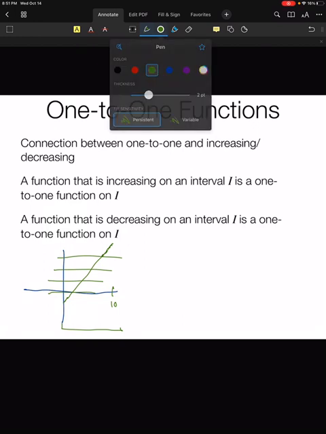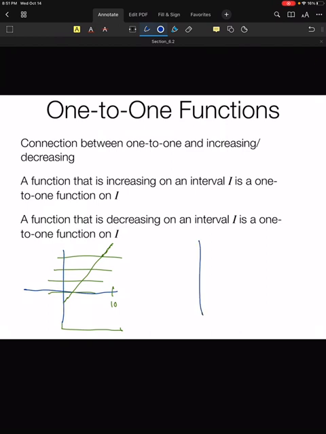In contrast, if I have a function that looks like this from 0 to, say, 5, and I look at the interval 0 to 5, you'll see that it starts out decreasing and then hits some number here and then starts to increase.